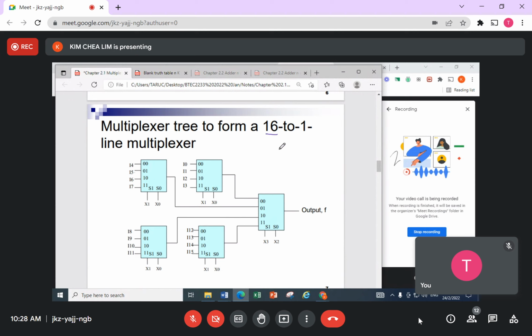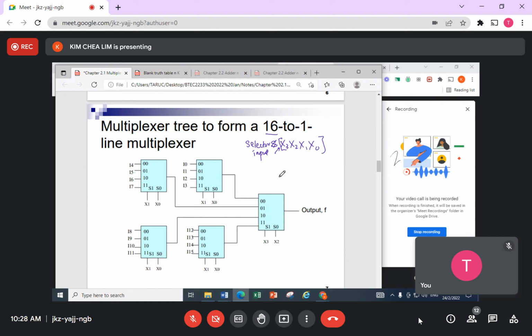The selector, because it's 16-to-1, is connected to your X3, X2, X1, X0, 4 inputs. So these are the selector inputs, these 4 combinations.